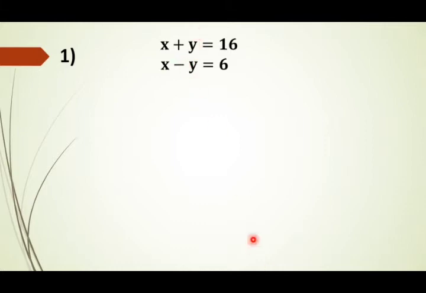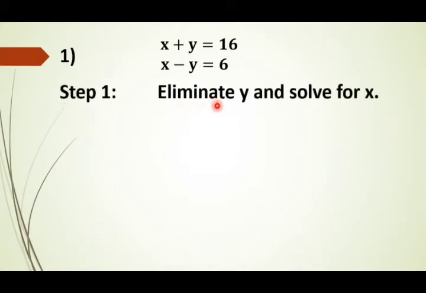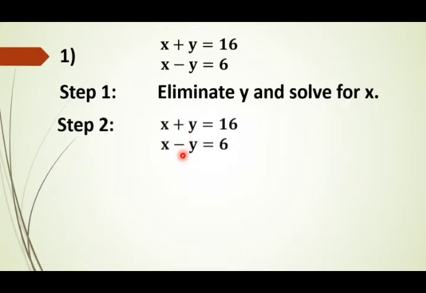So, in step number 1, our plan is to eliminate y first and solve for x. Step number 2. Let us just copy the two equations, then combine them. x plus x equals 2x.